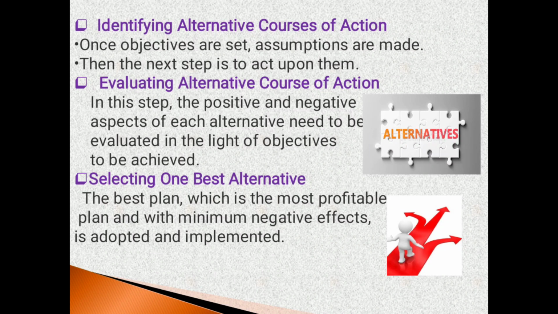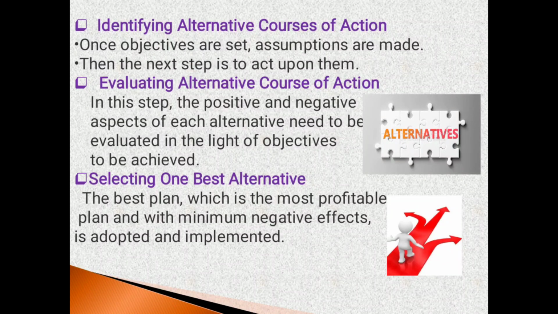Comparison among the alternatives should be made in terms of factors such as risk involved, planning premises, goals to be achieved, etc. The positive and negative points of each alternative must be thoroughly examined and thereafter planners should make a choice.